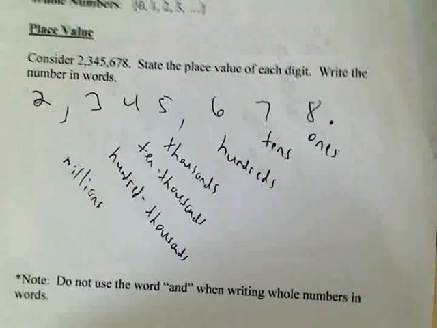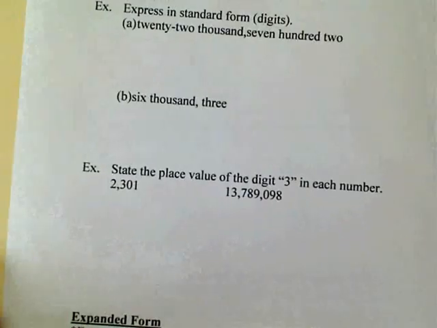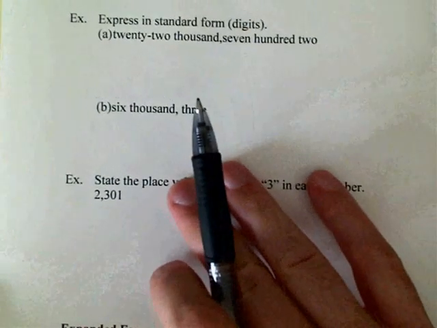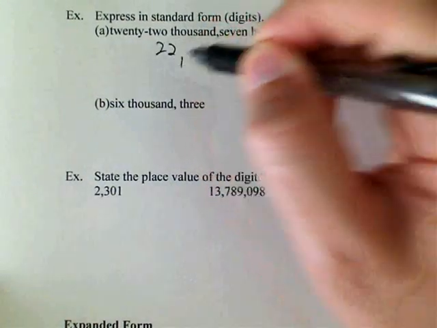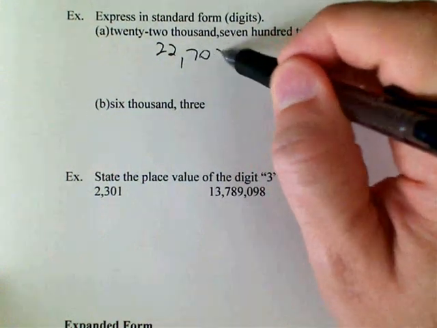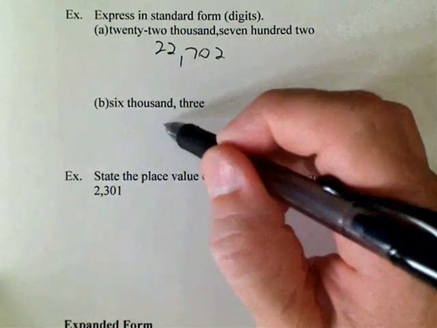Now this next example, we're going to go the opposite direction. This time we're going to express in standard form. This is 22,702. So 22,000 would be written like that in front of the comma. 702 would be 702. 6,003. Now we have the 6 in the thousands place.